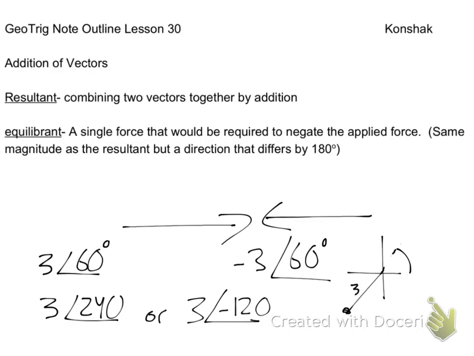There I am right here. This is 3 at 60, 3 at 60. This one, the bottom one, is 60, but walking back 3. Both of those have the same distance. They would cancel each other out if I was talking about vectors.